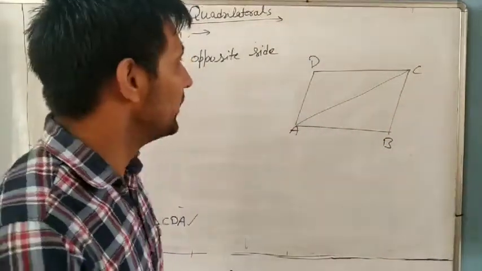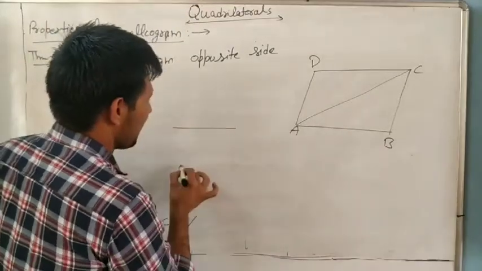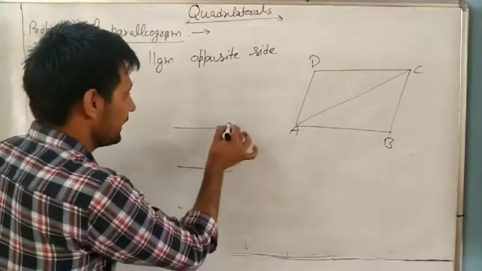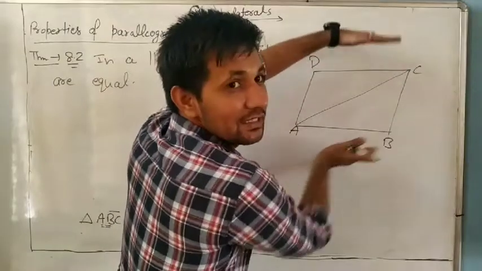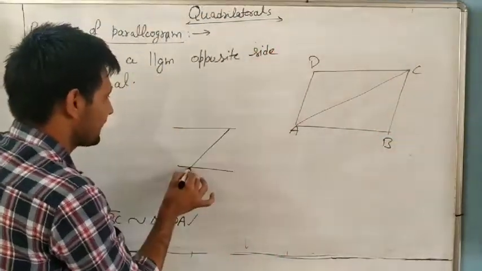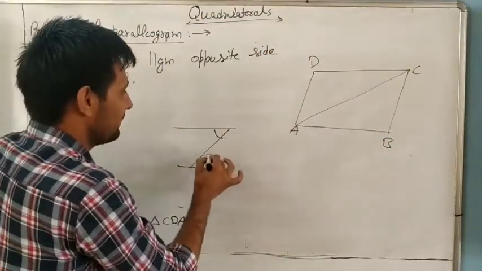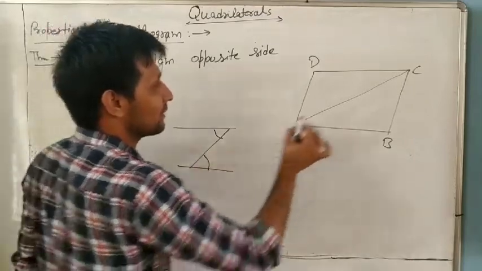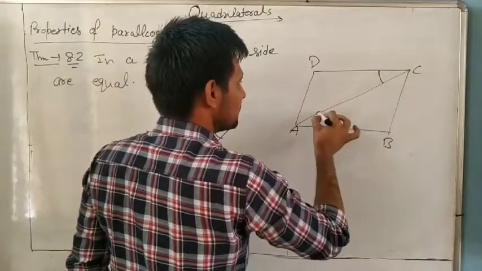We know a parallelogram means opposite sides are parallel, and if AB and DC are parallel and it is a transversal line, a transversal line means alternate interior angles are always equal. It means this angle equal to this one.